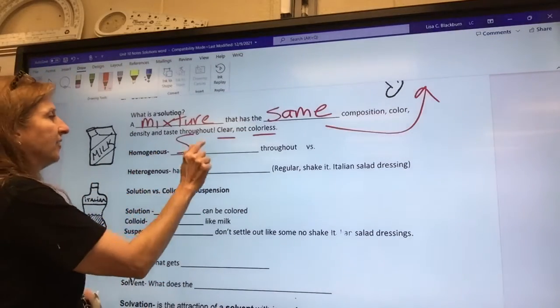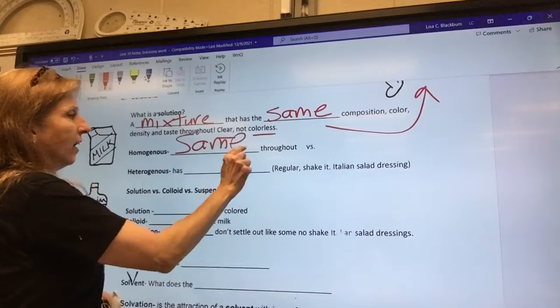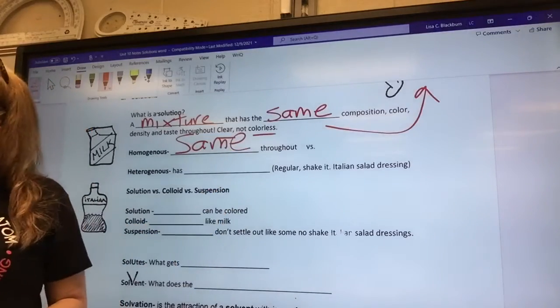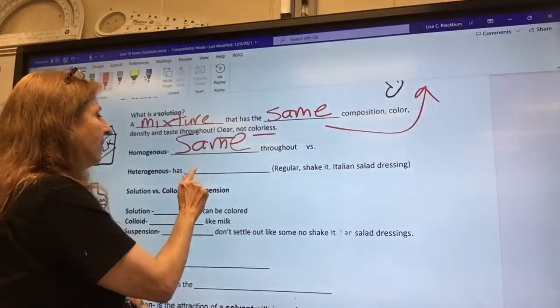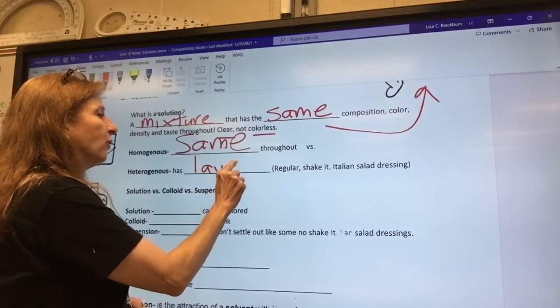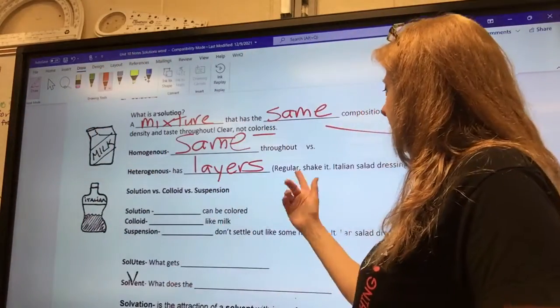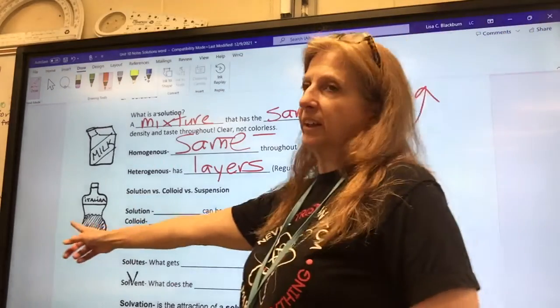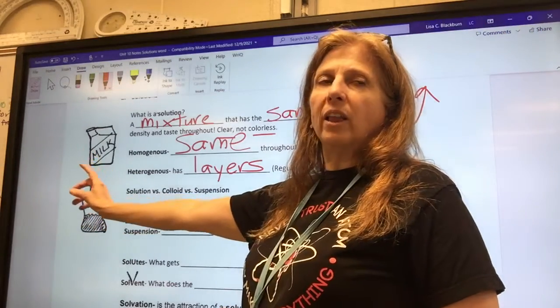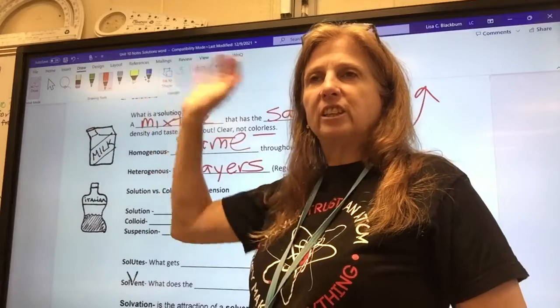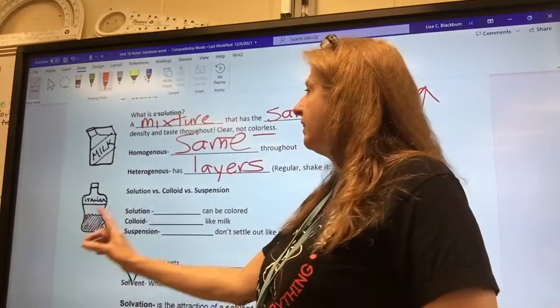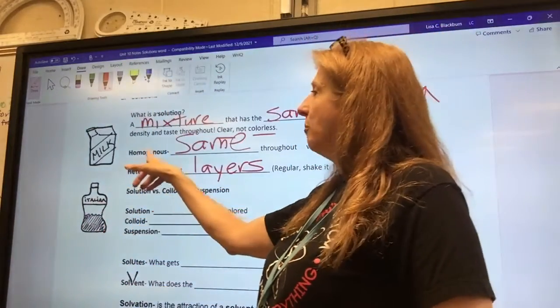Homogeneous is the same throughout. Heterogeneous, get real quiet, has layers. It has different parts to it that are different. So like salad dressing, that has the oil layer and the vinegar layer that you have to shake before you pour on your salad, is heterogeneous.